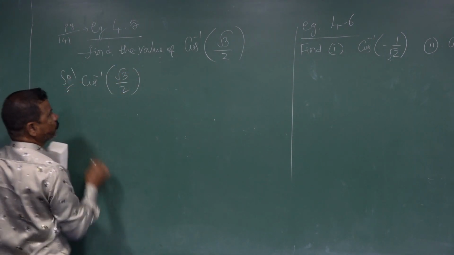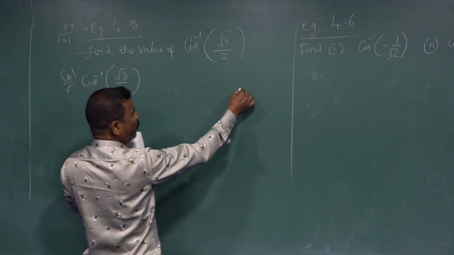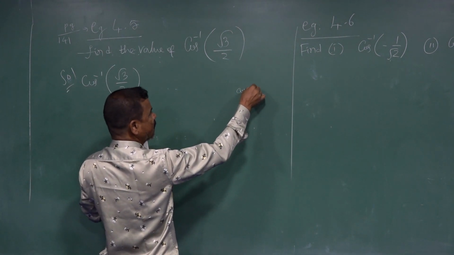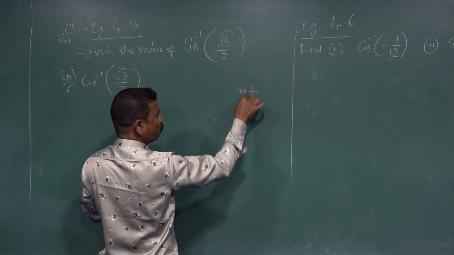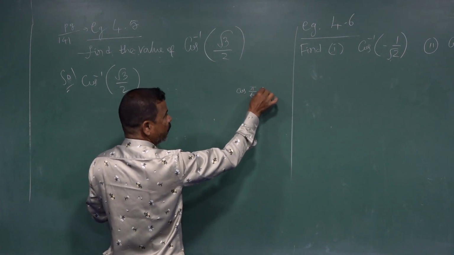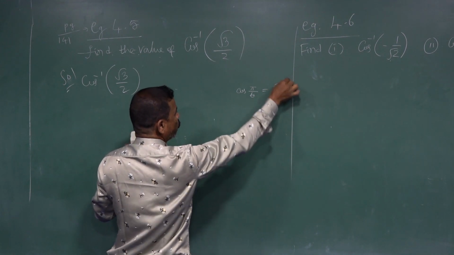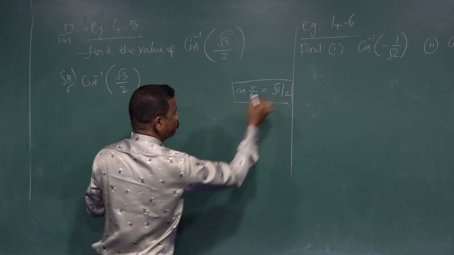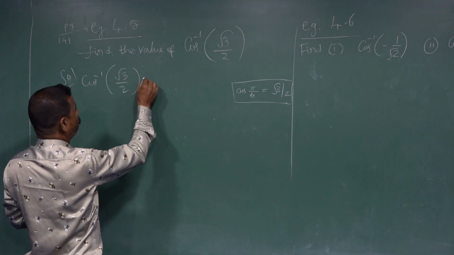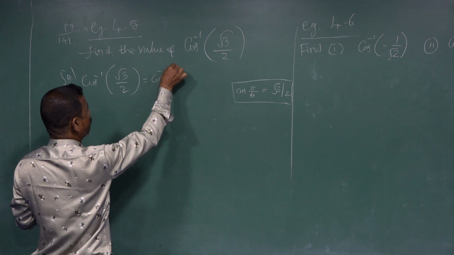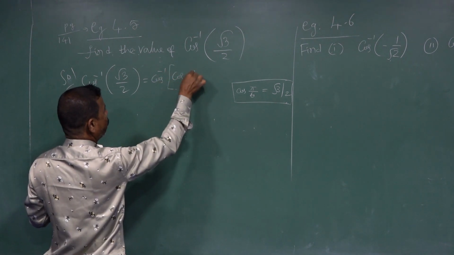Write the root 3 by 2 value in terms of cos: cos 5 by 6, cos 30 value is root 3 by 2. So we substitute, instead of root 3 by 2, cos inverse of cos 5 by 6.